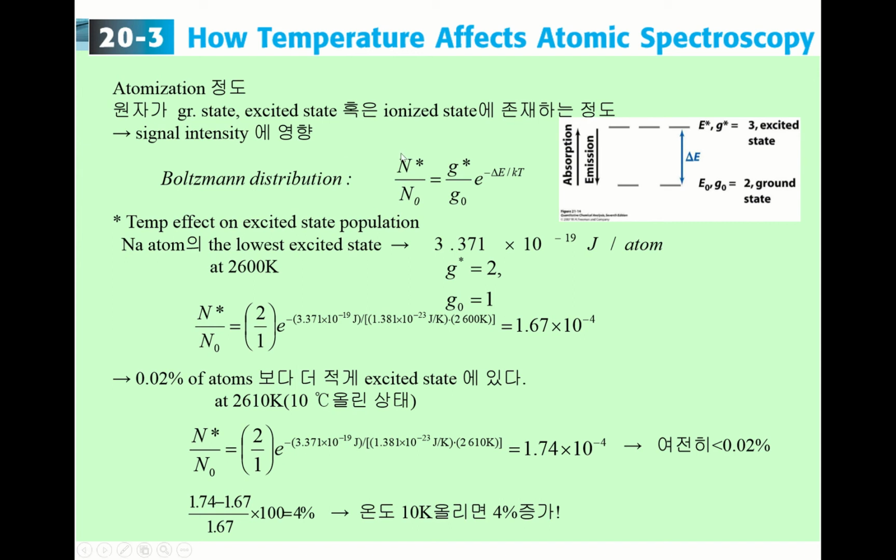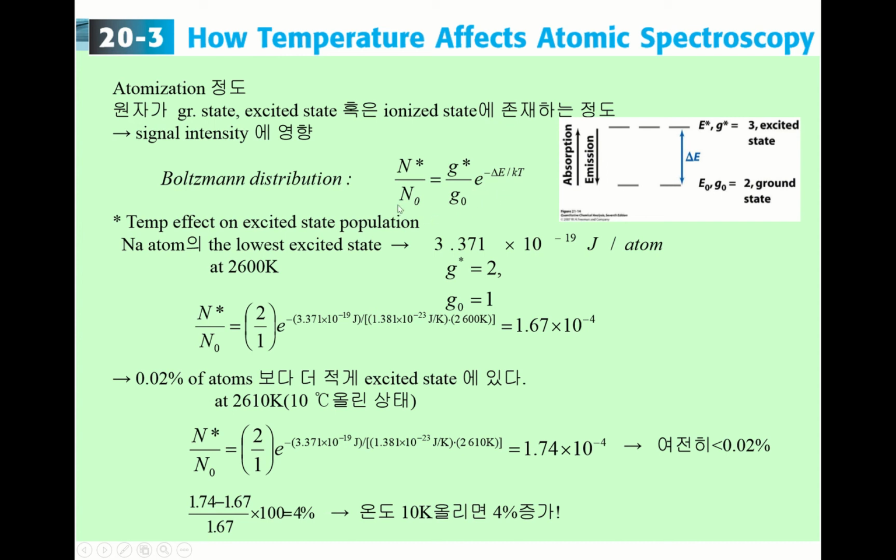Here is a very famous theory, the Boltzmann distribution theory. Rudolf Boltzmann showed that the population distribution depends on the energy difference. It decreases exponentially.